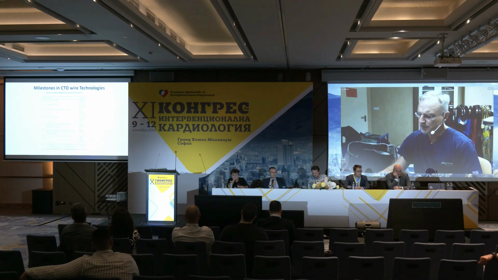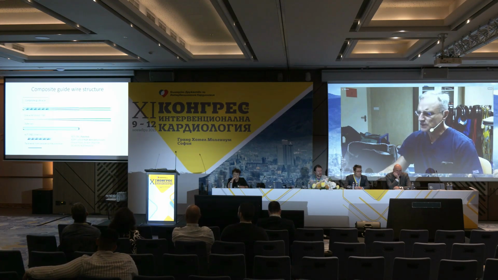And the last big advancement was the Gaia family, which is the combination of composite core, polymeric and hydrophilic coatings into what we call the middle stiff range between 1 and 6 grams.